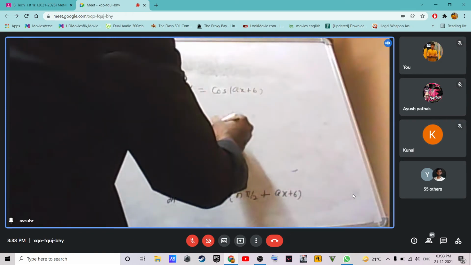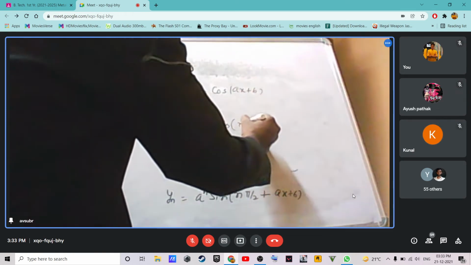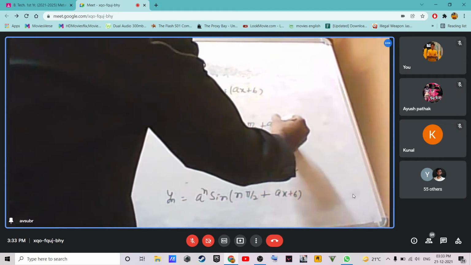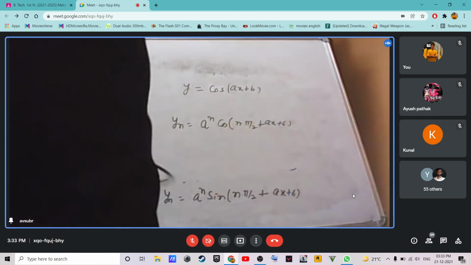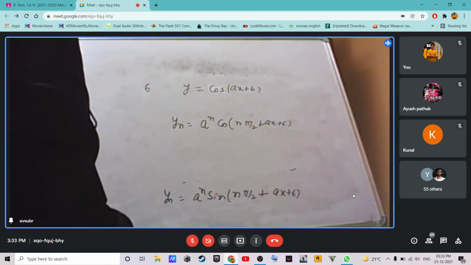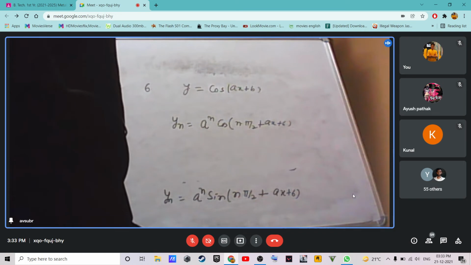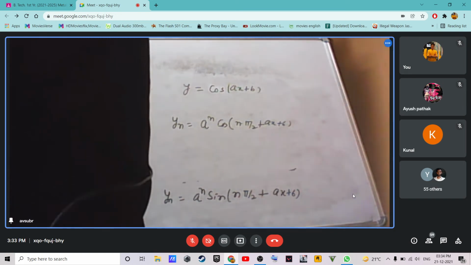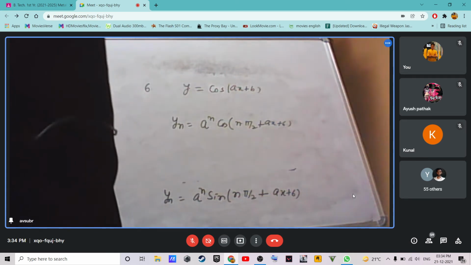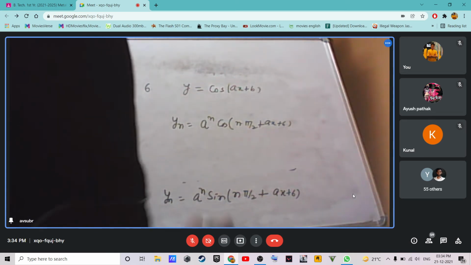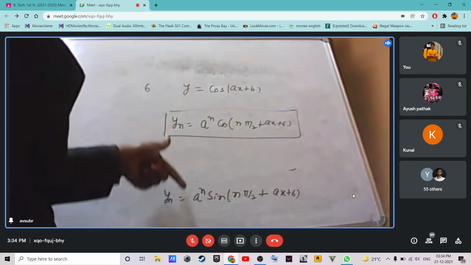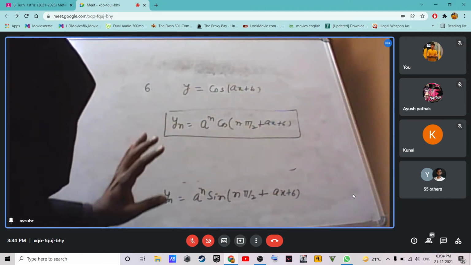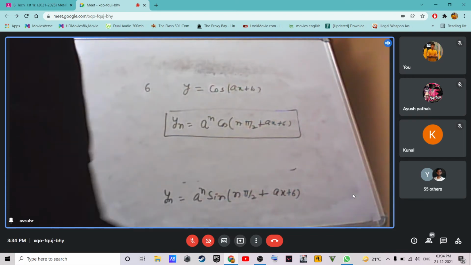This will become a to the power n cos(n pi by 2 plus ax plus b). So for y equal to cos(ax plus b), the nth derivative will be this. The way we have done for sine, the same way we can check it for cos also.